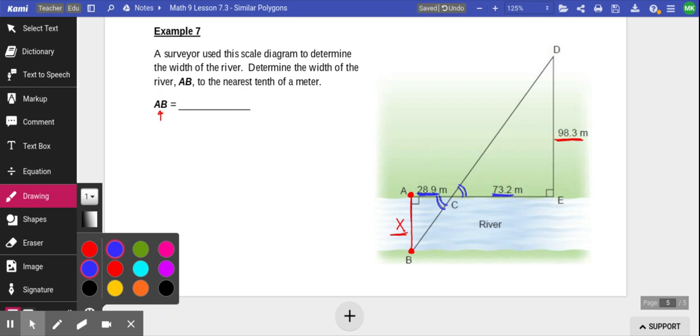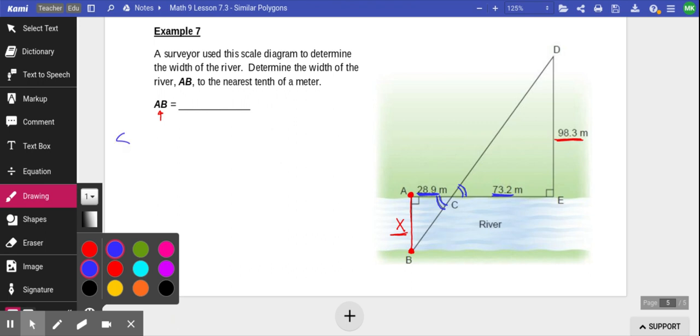We can use those corresponding side lengths, the blue ones, to calculate my length. I'm going to say that my old triangle is the 28.9 and my new triangle is the 73.2. It doesn't matter which one you call new, which one you call old, as long as you just keep it consistent. So I'm going to say that the small one is the old and the big one is the new.